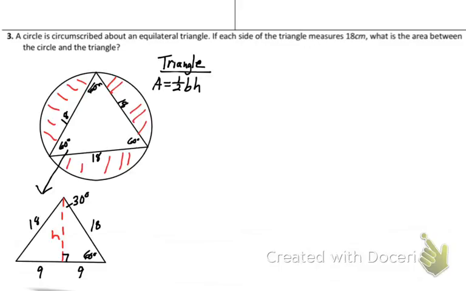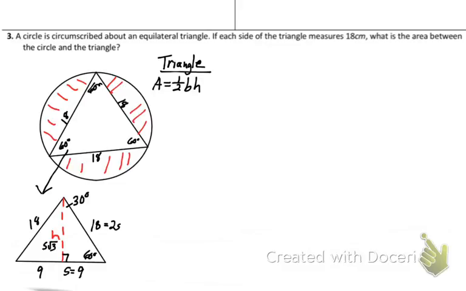The one across from 30 is going to be our S. So S equals 9. The one across from our 90 degrees is going to be 2S. Yeah, 2 times 9 is 18. That one's good.